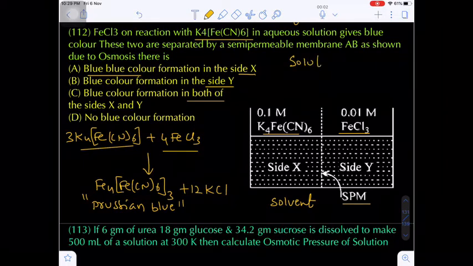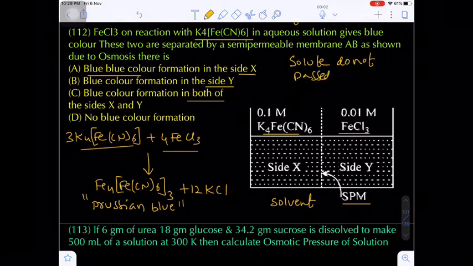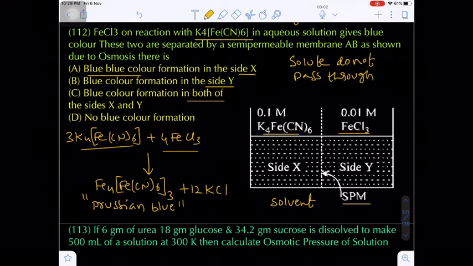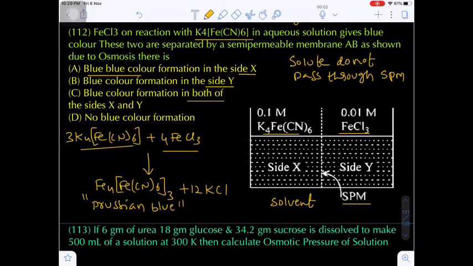That means solute does not pass through the SPM. Only once solute passes from one container to the other through the semi-permeable membrane will the reaction occur.